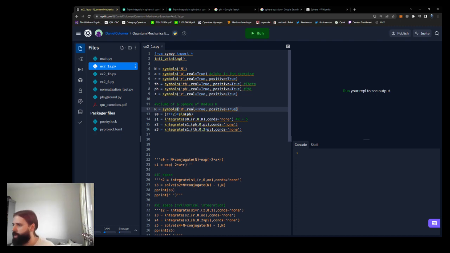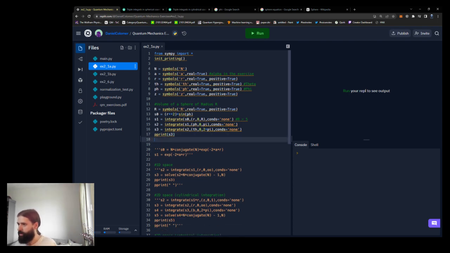I want to compare it to that example. Okay, I think it makes sense. Well, 1, and then here we integrate 2. And so now I can just print S3 and see what happens.